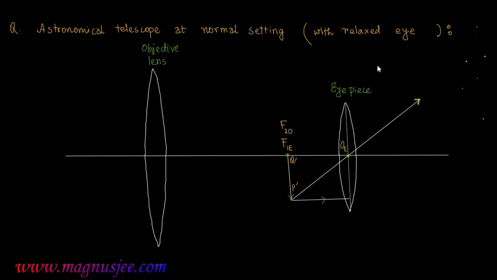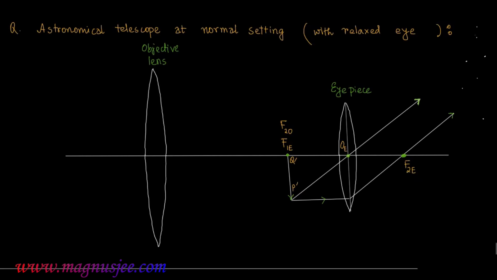In this case, the real image P prime Q prime is formed at the second focus of the objective lens, and it is also formed at the first focus of the eyepiece. Now the ray which is parallel to the principal axis will pass through the second principal focus of the eyepiece.